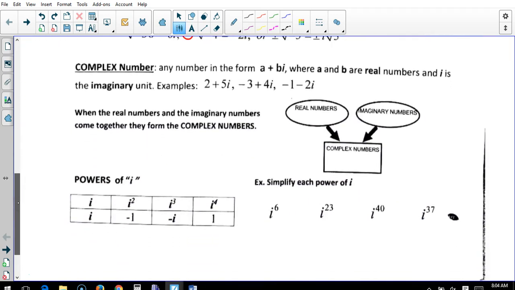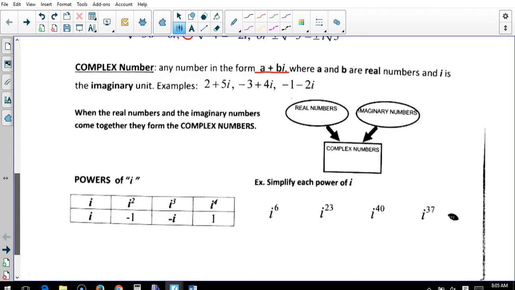Complex numbers, as we had last night in our homework, we've already had some of the examples here, is when you have a number added to or subtracting the imaginary unit, such as 2 plus 5i, negative 3 plus 4i, negative 1 minus 2i. These are all in the form of a plus bi. We always want to put that number in front of the bi.